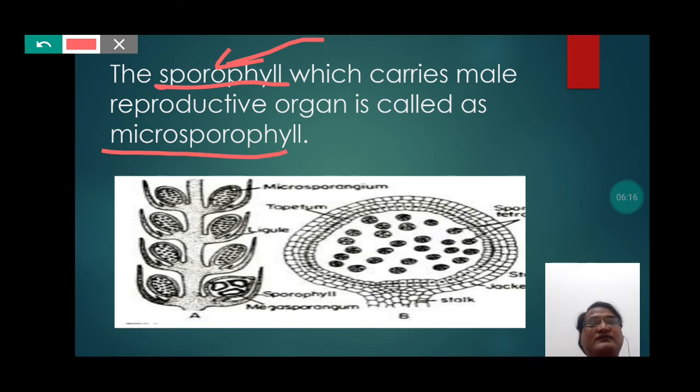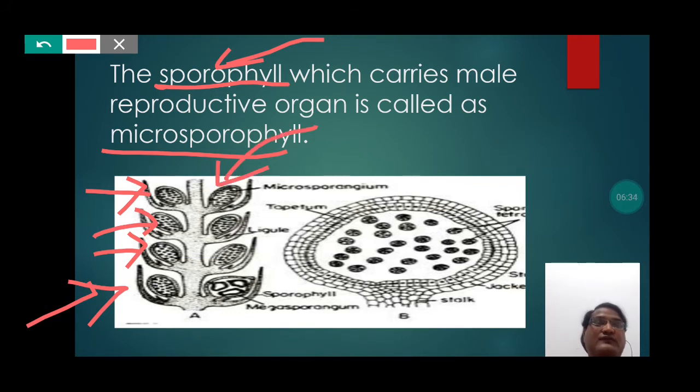So students, if you concentrate on this picture, then you will be able to notice the specific leaf which is carrying the male reproductive organs.